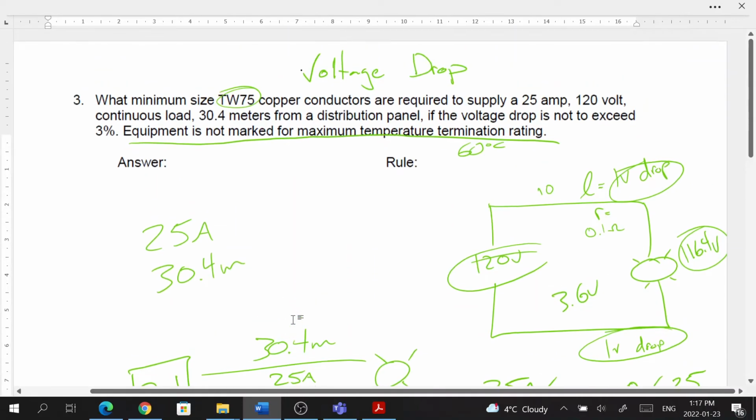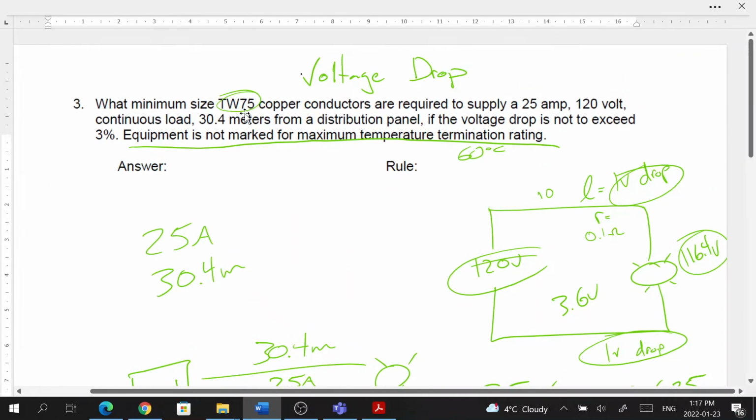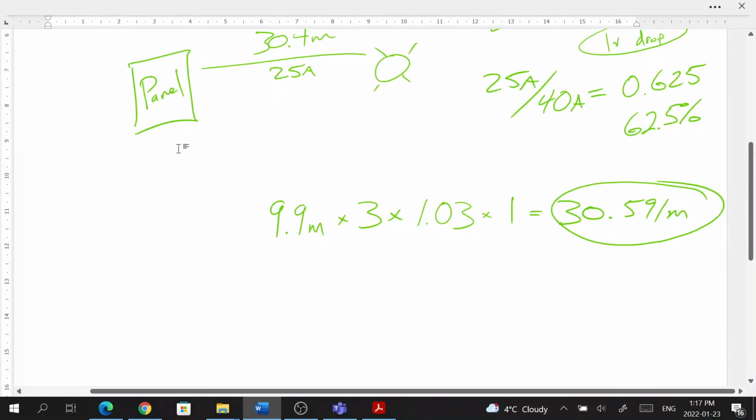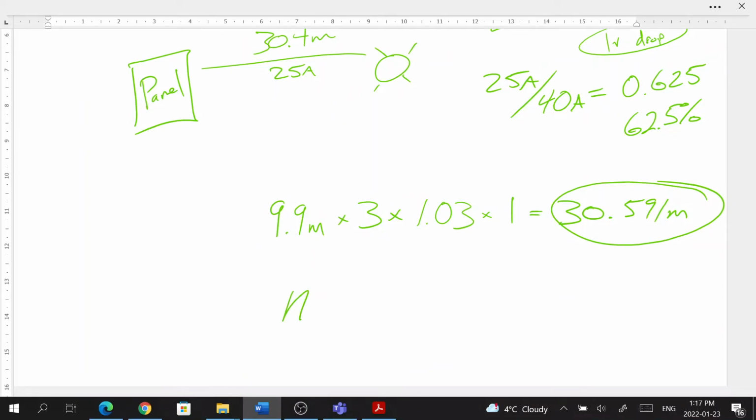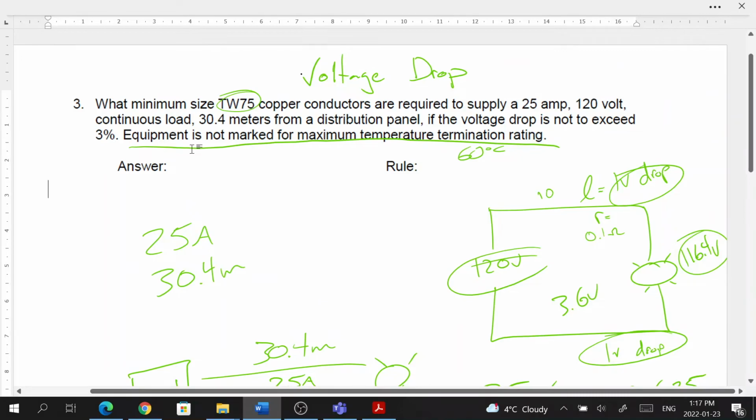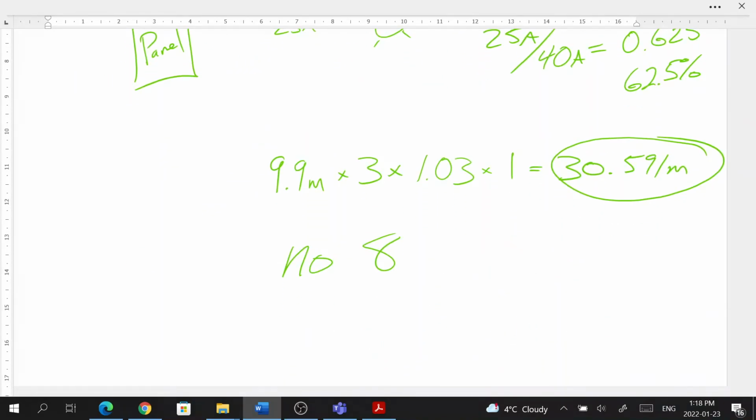So if we go up to the question, what's the minimum size TW75 copper conductors required to supply a 25 amp, 120 volt continuous load, 30.4 meters? We've exceeded that 30.4 meters using number 8 if the voltage drop is not to exceed 3%. So we are able to use number 8 TW75 copper conductors for that particular load.